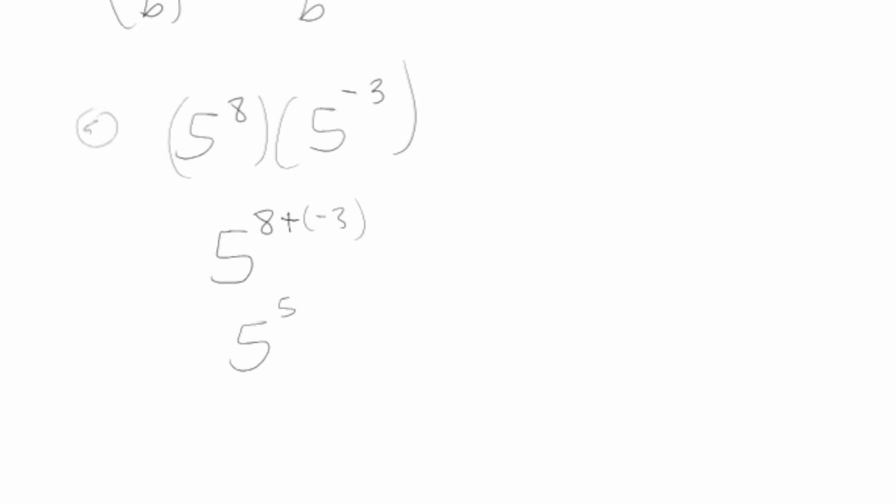Let's see another way that you can do this one too. Another way you can do this is 5 exponent 8 times 5 exponent negative 3, because we talked of negative exponent.